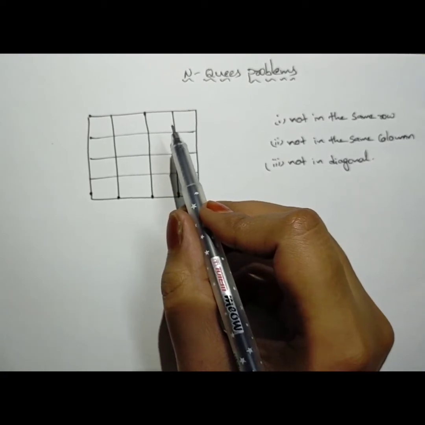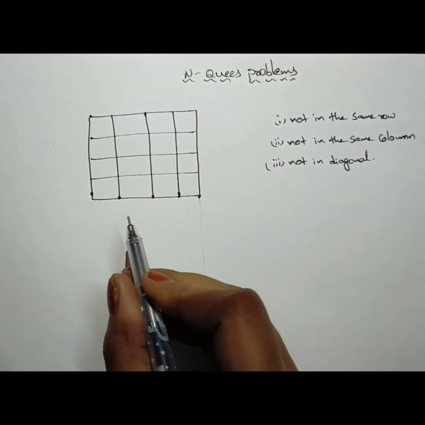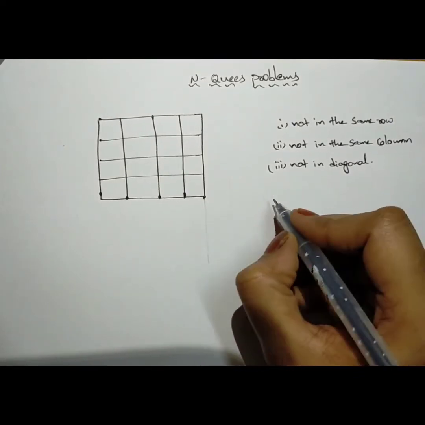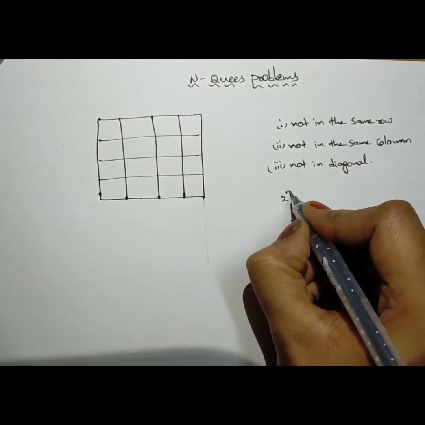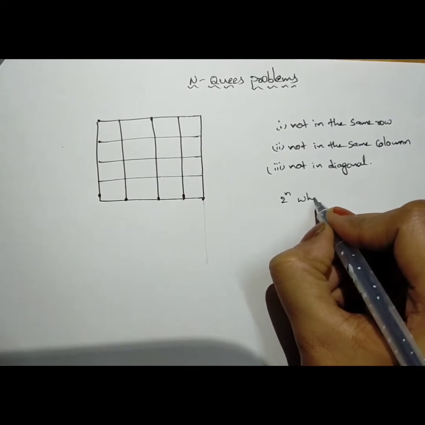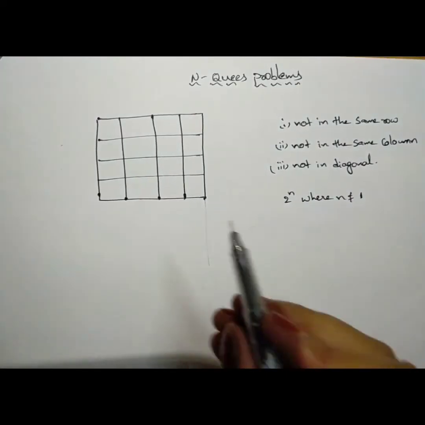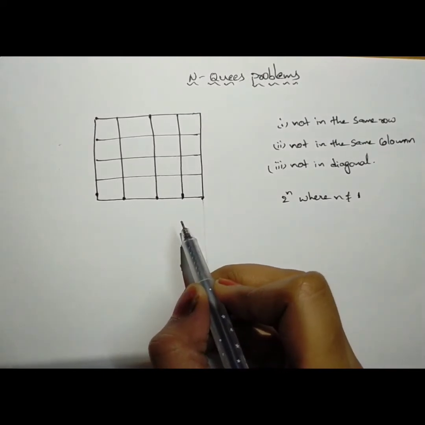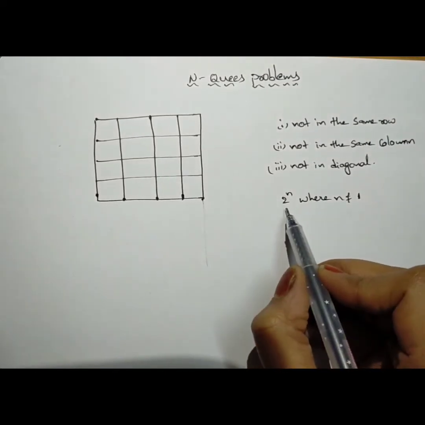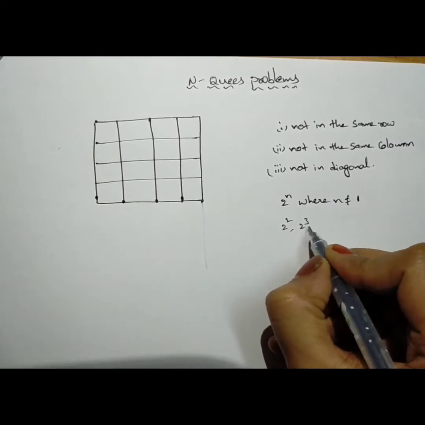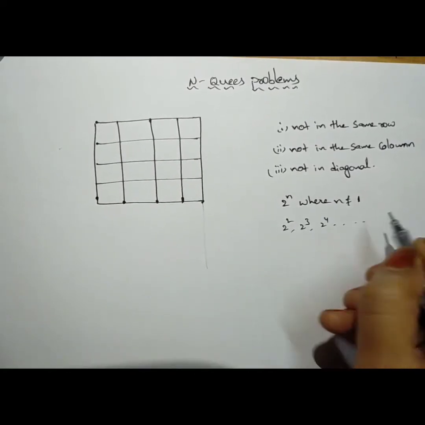Now let us see how the n-queens problem can be solved. This problem works only for 2 power n where n is not equal to 1. The n-queens problem can be solved for 2 power n, that is 2 power 2, 2 power 3, 2 power 4 and so on.